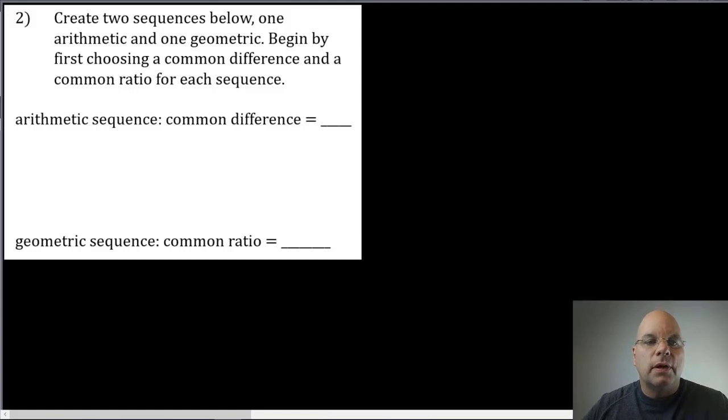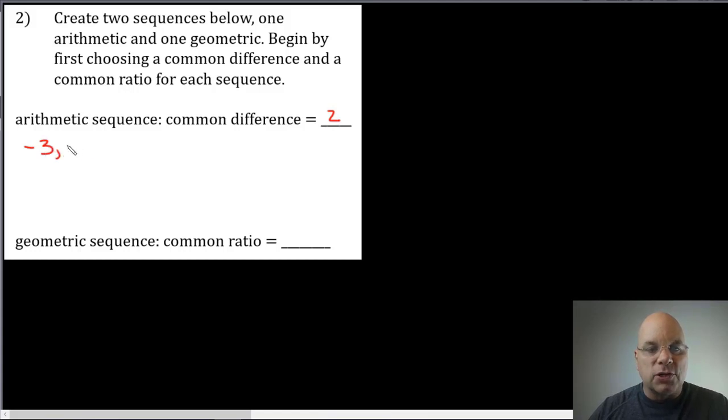Problem 2, we need to create two sequences below, one arithmetic and one geometric. Begin by first choosing a common difference and a common ratio for each sequence. We remember that arithmetic sequences increase or decrease by some common amount, and that's called a common difference. If I choose a common difference, for example 2, then I can just write my sequence starting with any number. I'll just start with negative 3.